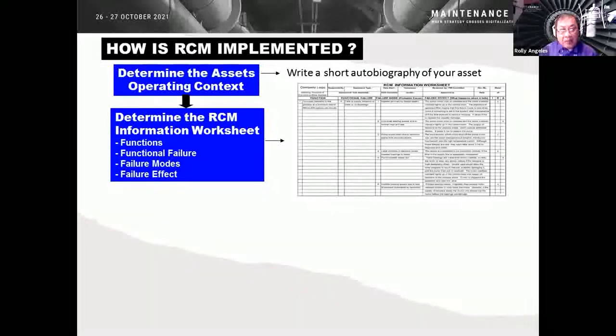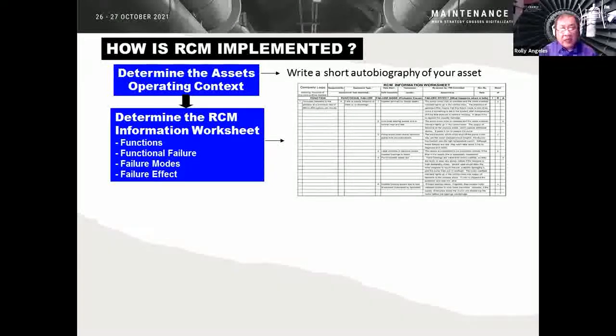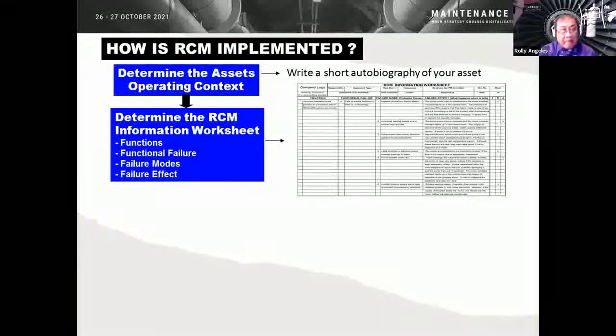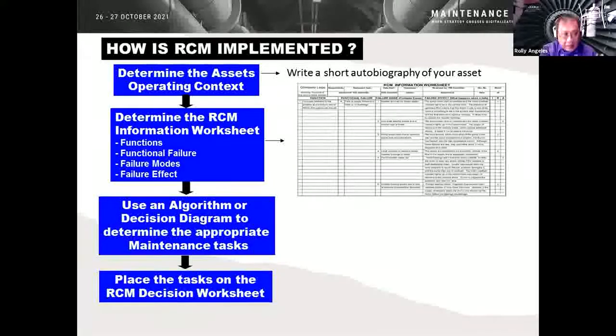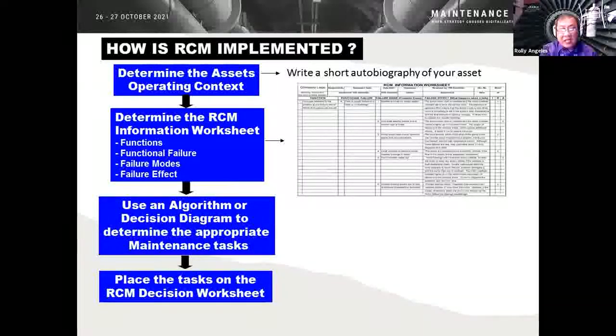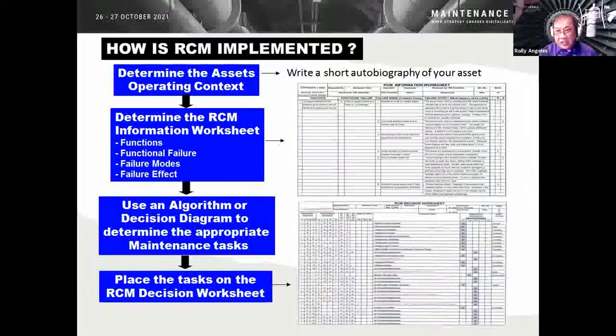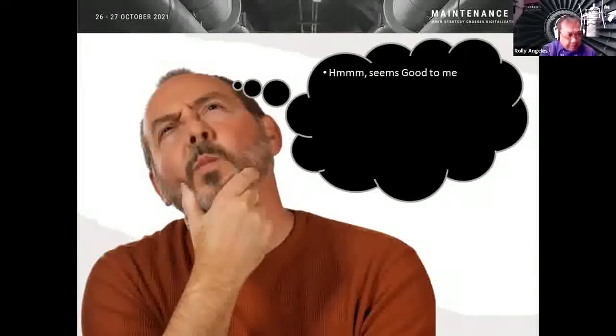Once we have derived the first part, in which we indicate the functions, functional failures, failure modes, and effects, this FMEA or information worksheet will be subjected to an algorithm or decision diagram so that we can derive the most feasible maintenance tasks to be proposed in order to address that particular failure mode. Okay, so this is how it's being done. So if you think about the process, it seems to be a good process.